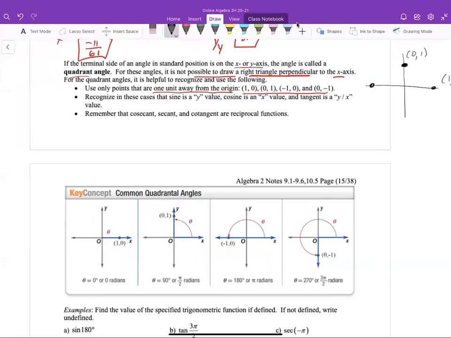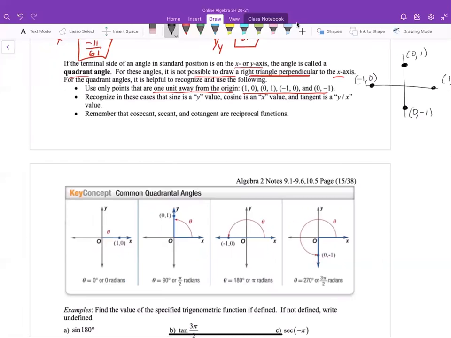If I'm at 180 degrees, that has a negative 1 x value and a 0 y value. If I'm at 270 degrees, I will have a value of 0 for x and negative 1 for y.